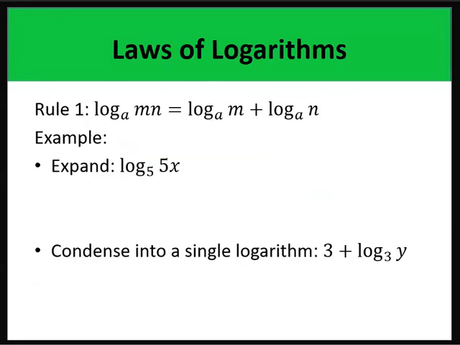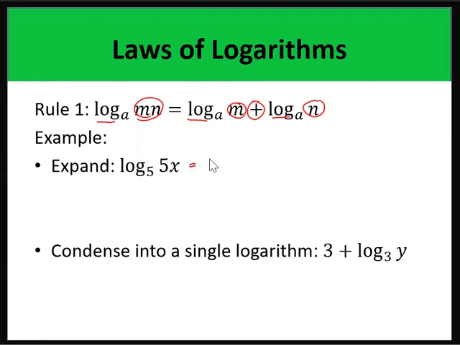Now, for the additional laws of logarithms, let's have the first rule. Whenever we have the logarithm of a product m times n to the base a, this can be written as the sum of the logarithms of each of the factors m and n. For example, let's expand the logarithm of 5x to the base 5.